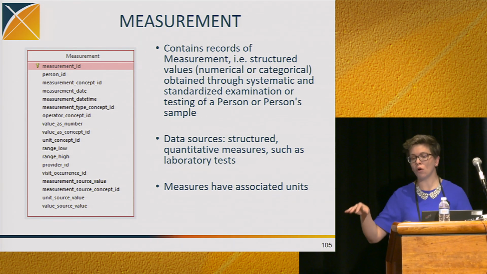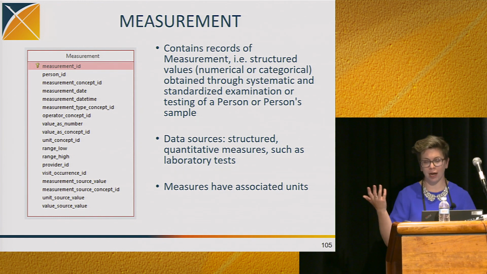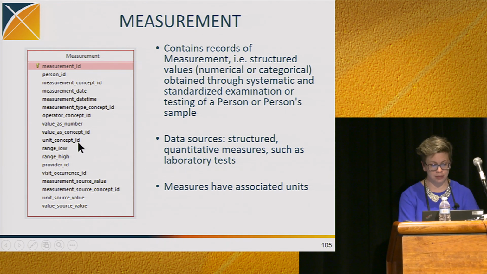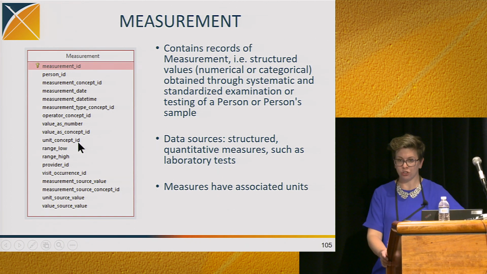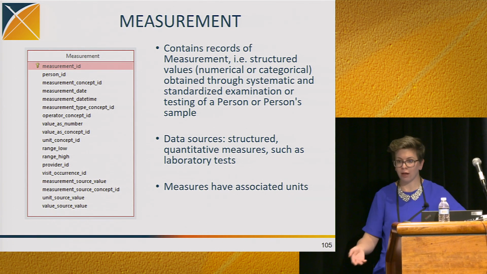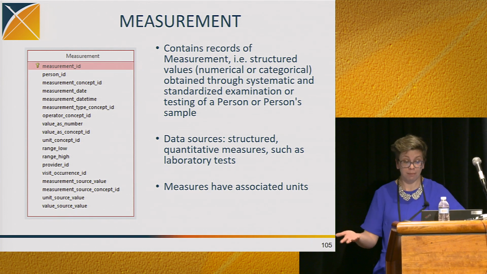Again, we put all the original data in there so you can disentangle it if it didn't get it right. Unit concept ID: we try to standardize units and then give them concept IDs. It makes it a little bit easier. Again, if you've used data, you'll know sometimes units come in all caps, sometimes misspelled, or missing some part of it.